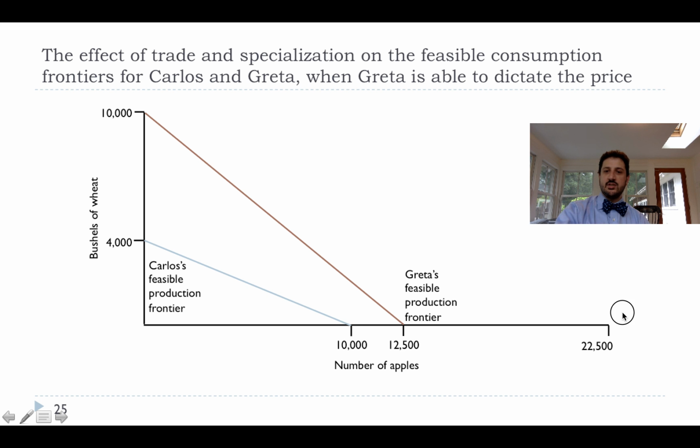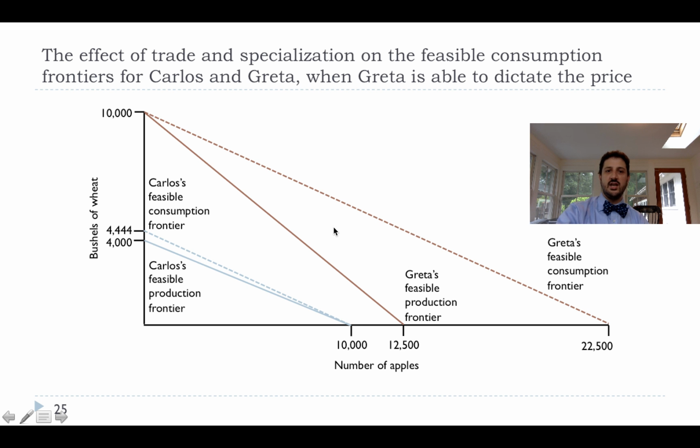If Greta is able to dictate the price, then she can get even more compared to Carlos, right? Because remember, if there's a range of possible bargains, then whoever can dictate the price can benefit more from the trade. It doesn't mean that Carlos doesn't benefit some from the trade, but it means he's going to benefit less.